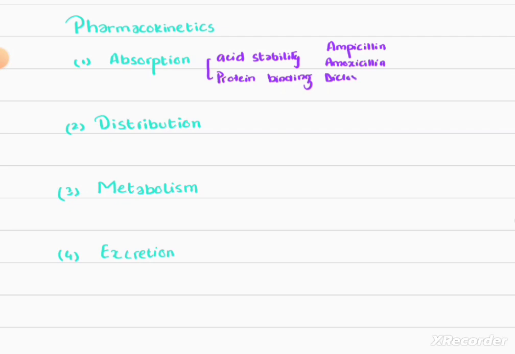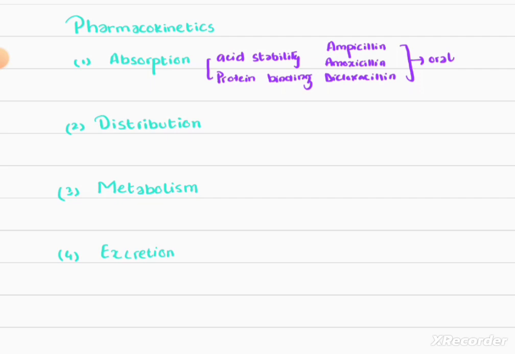These three drugs can be given in oral formulations, and apart from them, the rest of the penicillins have to be administered by the IV or IM route, because they're not stable and they are degraded in the stomach and do not reach the serum concentration that is effective to kill the bacteria.